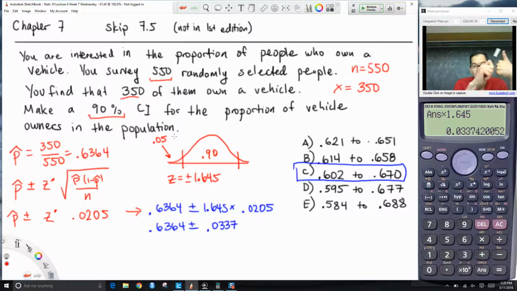For 99, it's 2.58. For 95, 1.96. 90 is 1.645, and then 80 is 1.28. And I'd say between those 4 values, that covers almost every confidence interval you would need to make. On rare occasion, you might make some 92% confidence interval or something, but rarely. Okay.